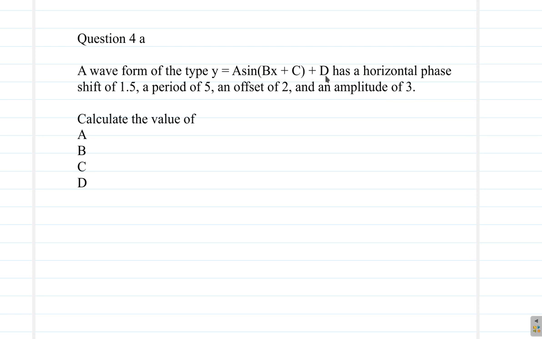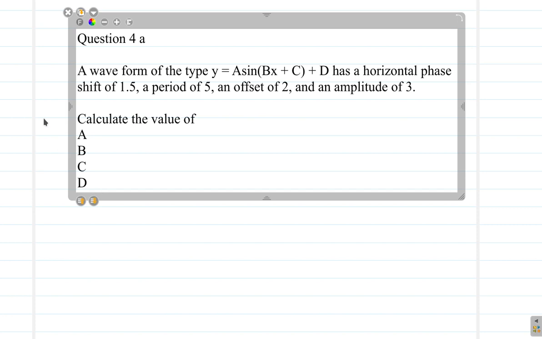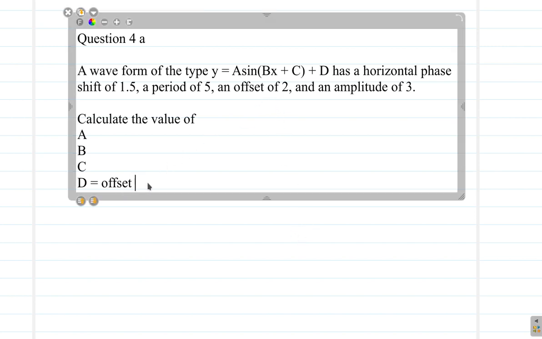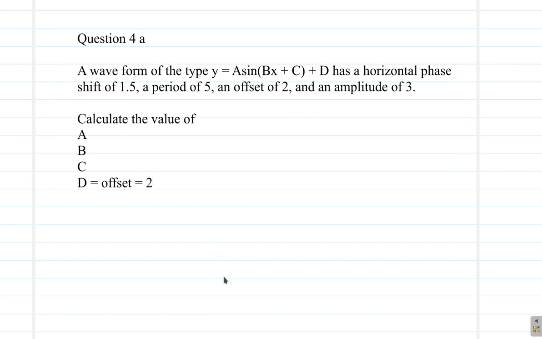So d is the offset. In this case, d is whatever the offset is, and here it is equal to 2. Alright?